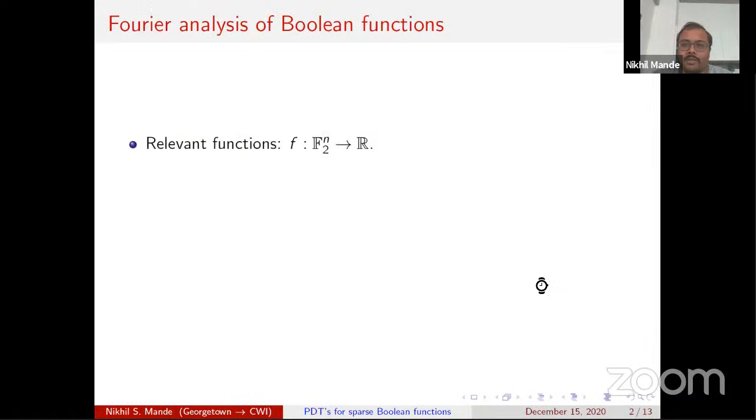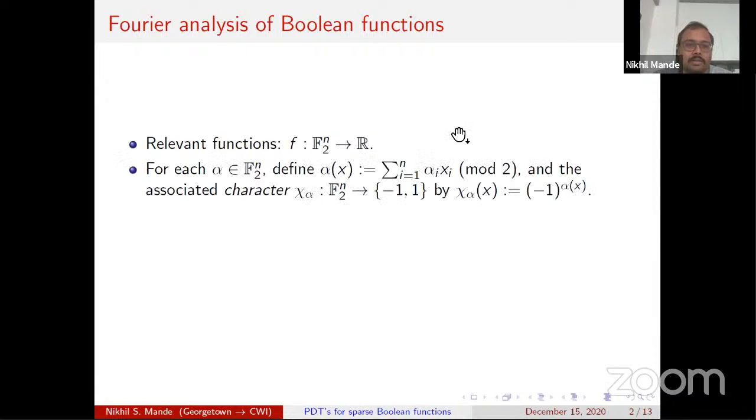Okay. So the relevant functions to define Fourier analysis of Boolean functions are those with domain F2 to the n and range reals. So for any n-bit string alpha in F2 to the n, we define an associated character or parity as follows. On input x, pick out the x_i's for those i where alpha_i is equal to 1 and count the number of ones there.